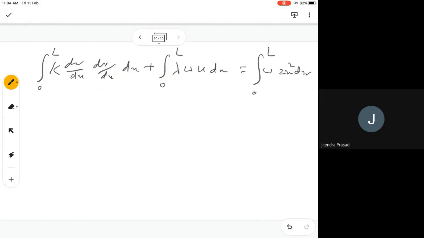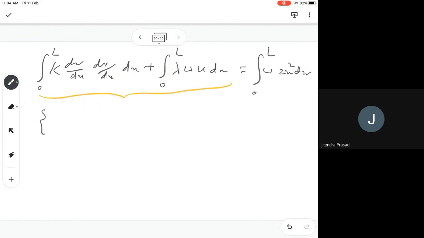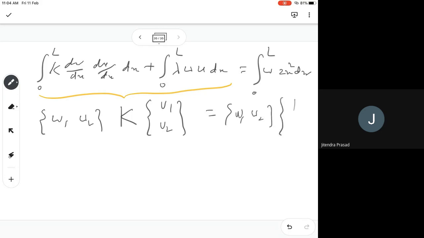If you solve it, you can do that yourself, because anyway the problem is not asking for this. It will give you W1 and W2, then you will have the big K, and then U1 and U2, if you are using the two noded element. And this will give you W1, W2 and F1 and F2.